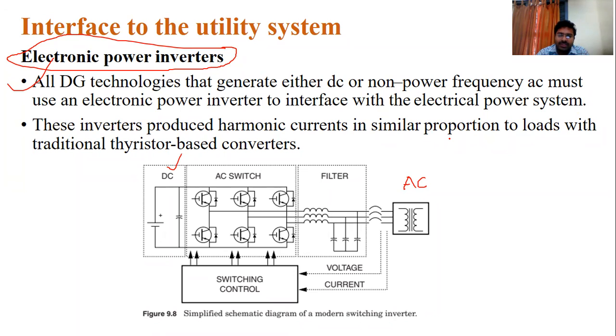One thing is that the generated power is DC. But the grid, and most of our operated equipment and feeders, use AC power.